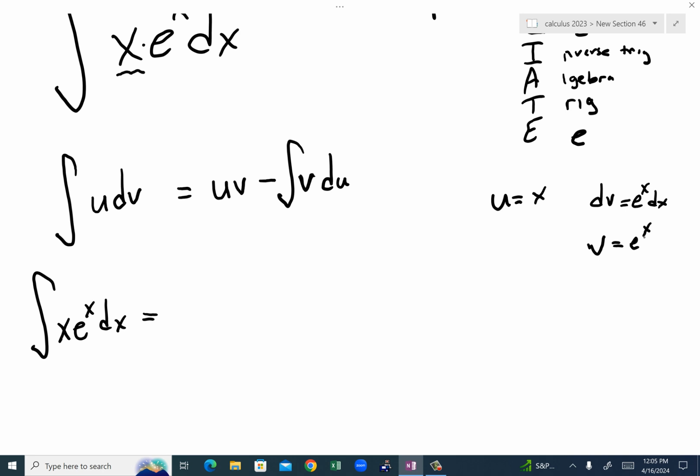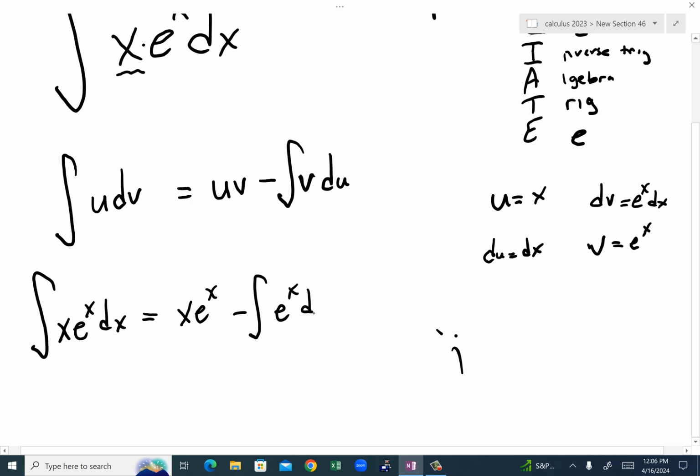Okay, so here we have it. And then what would du be, friends? Just dx, right? So the formula says we're going to take x e to the x, that's uv, minus the integral of e to the x dx.